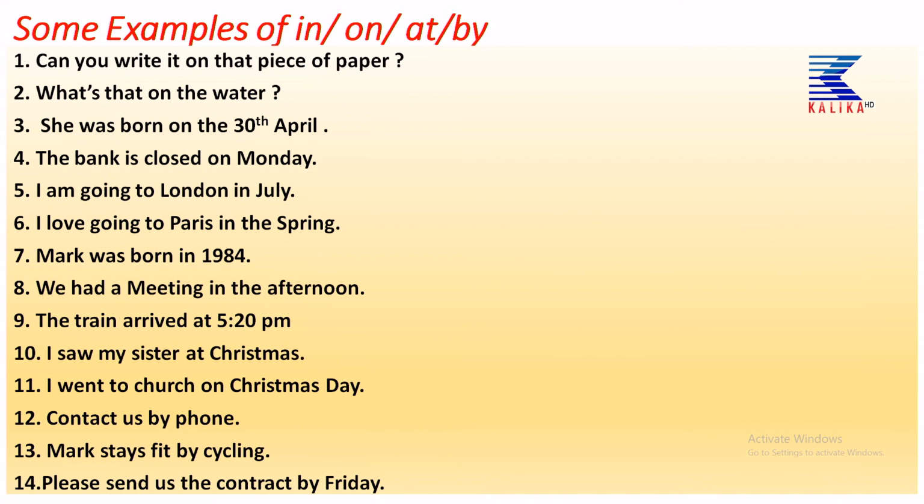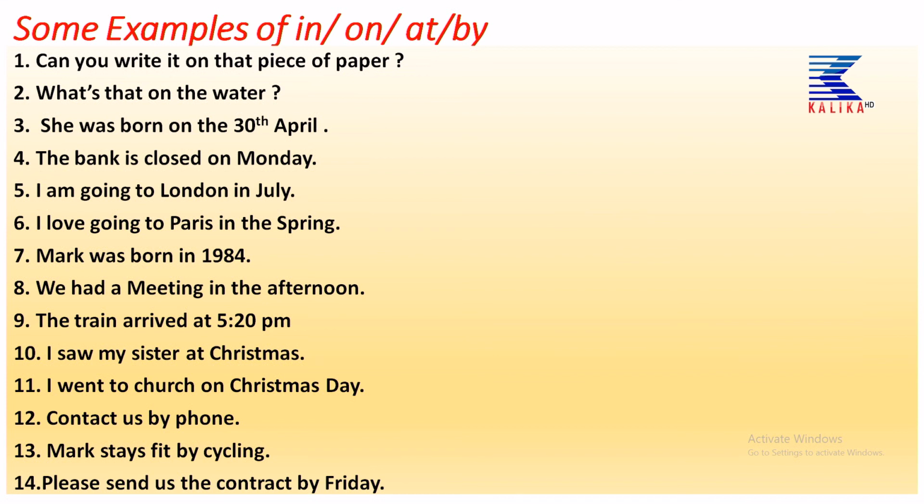Mark was born in 1984. We had a meeting in the afternoon. The train arrived at 5:20 p.m. I saw my sister at Christmas. I went to church on Christmas Day. Contact us by phone. Mark stays fit by cycling. So, these were the examples of in, on, at, by.